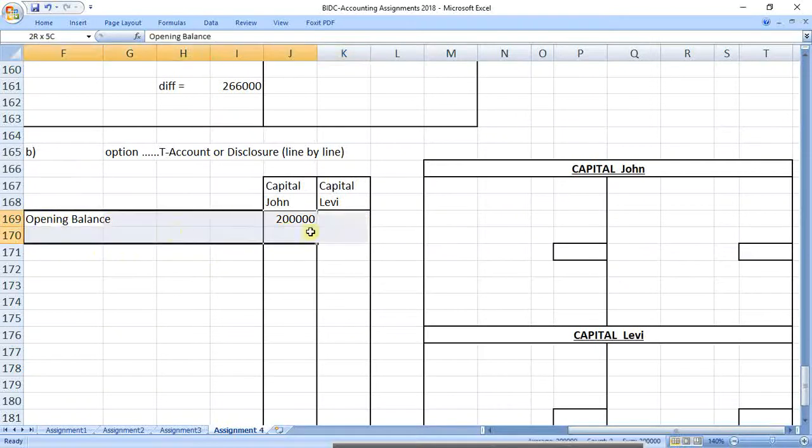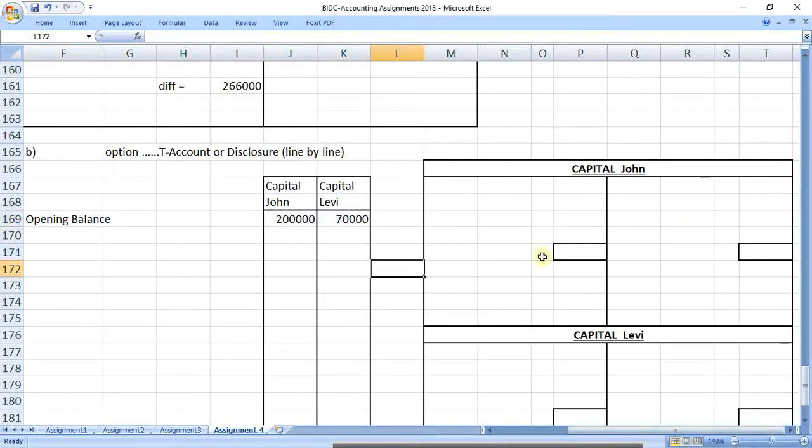You would have shown that there. If you were doing it as a T account, you would have had balances brought down at that particular date. John would have had that and Levy would have had this.